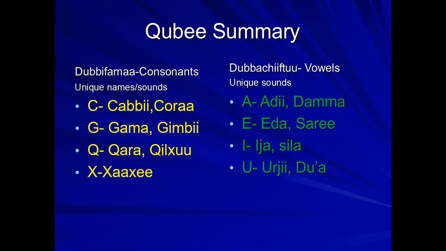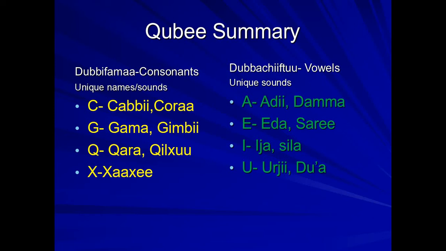The second one, which is E in English, is Eda. It is always the same and it represents the sound A. And Sare, the last two actually represent the A sound as well. Sare: Sa, A, Re, E. So Sare, that's how we write that.